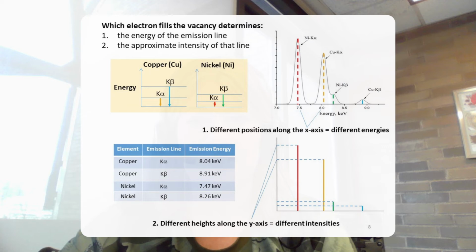Once an electron has been ejected from an atom, when a secondary electron relaxes to fill it, whether it is from an L or an M orbital determines the energy of the emitted secondary X-ray. So another way to think of that is to understand that each peak in the spectrum was built up from many thousands of secondary X-rays.